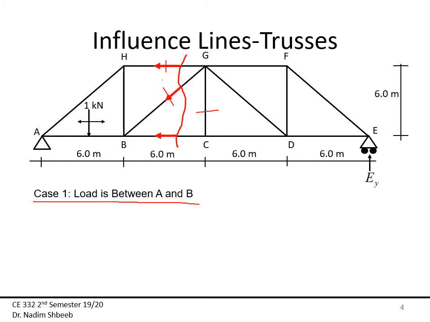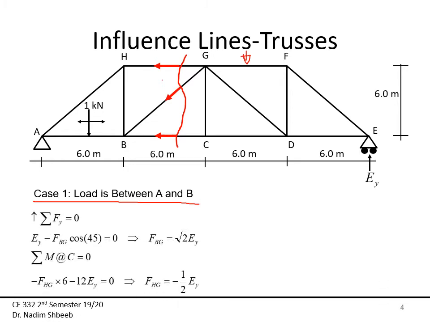You've seen that I'm taking this section right here instead of that section because of the presence of the load. So the load in this case is going from 0 to 6 only.